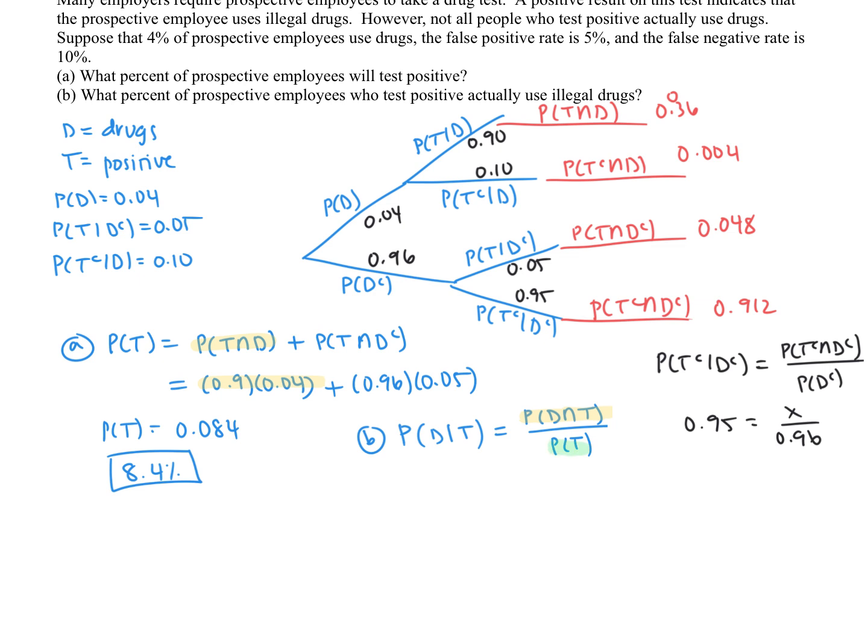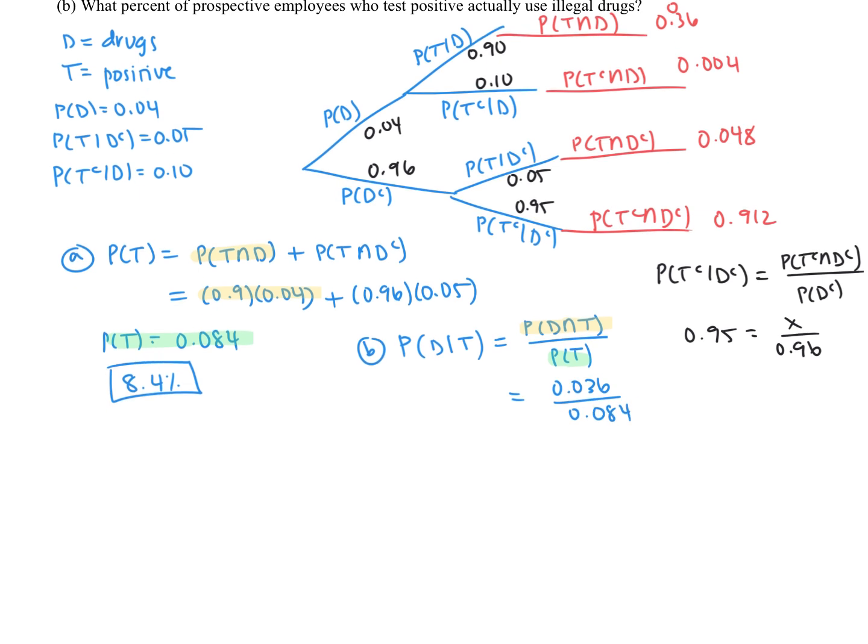Probability of T is what we just found, I guess really not the percent, but this one. Okay, so D and T is that 0.036, and the probability of testing positive is 0.084. So the probability then of D given T is 0.429.